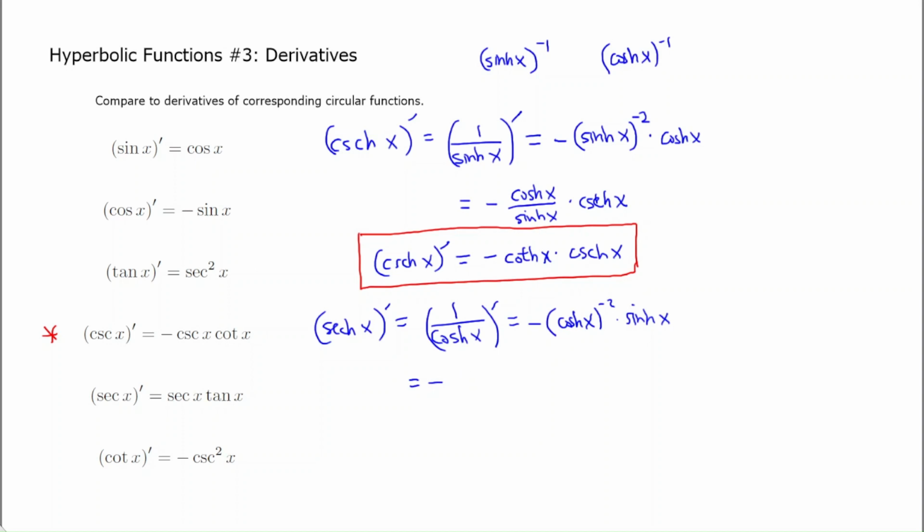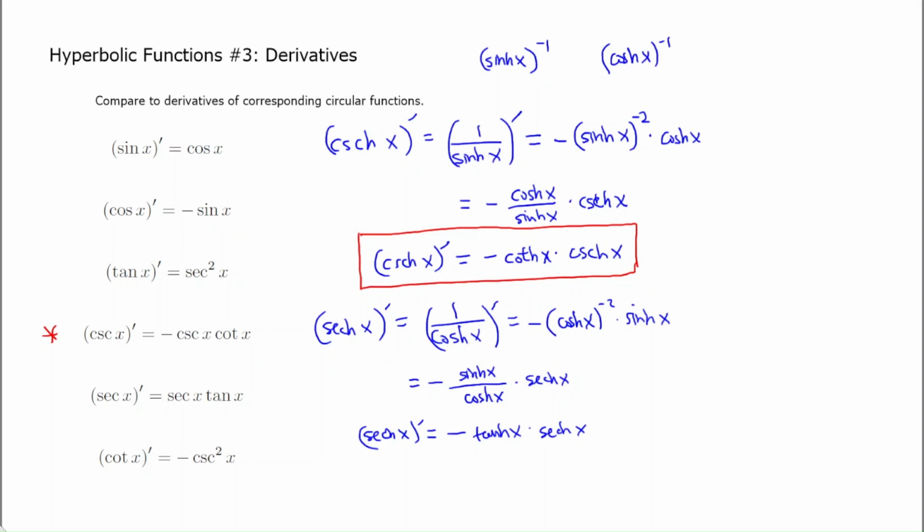I'm going to take the sinh, take one of the coshes that are inverse and put it in the denominator there, and write the other one as the sech, the hyperbolic secant. What we are getting here is sech x prime equals negative tanh x sech x.